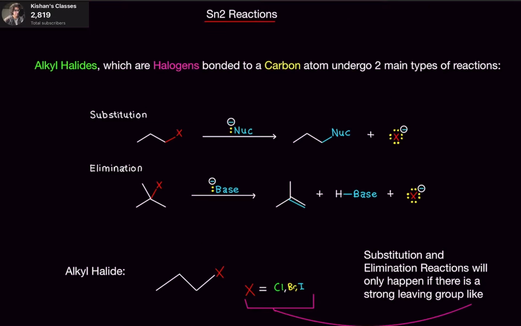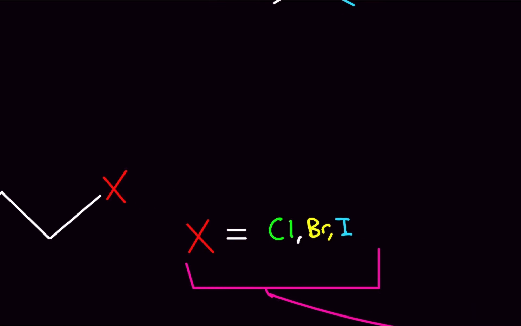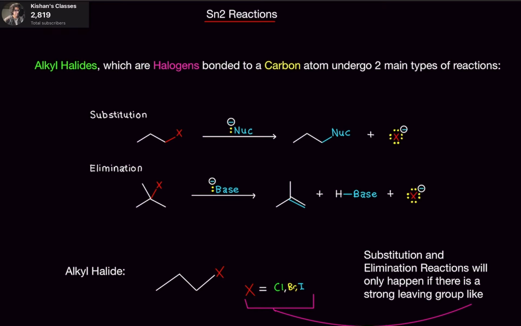All right. Now, substitution and elimination reactions will only happen if there's a good leaving group. Examples of strong leaving groups are chloride, bromide, and iodide. Notice that fluorine is not there. The reason fluorine is not there is because it is not a strong leaving group.